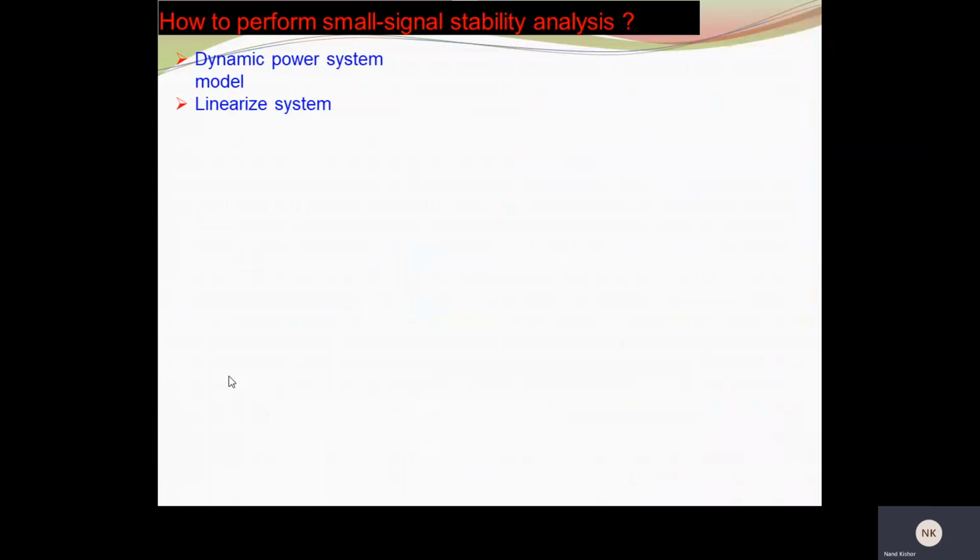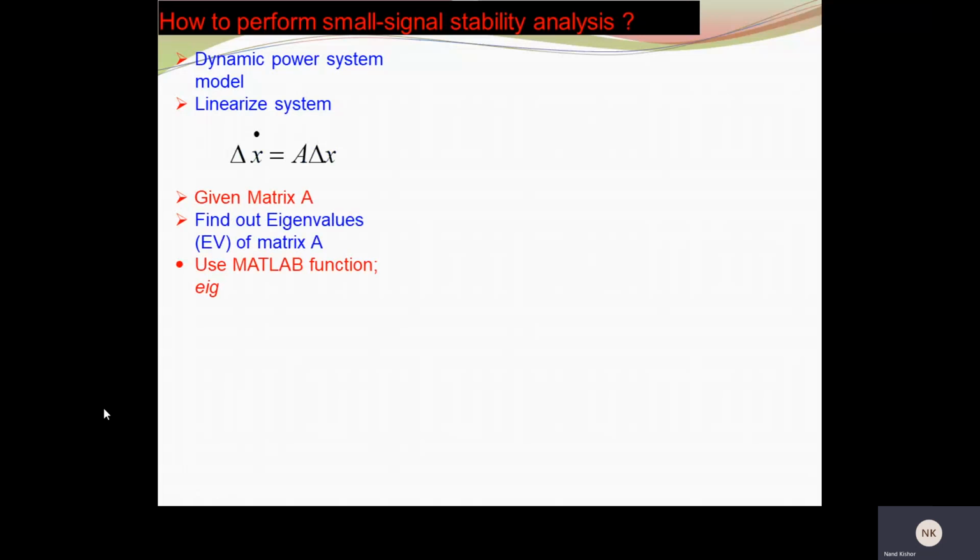So mainly we have the dynamic power system model, because if you consider these several components which are integrated to each other in the power network, more or less they are nonlinearly represented, and their responses are much more dynamically behaved. But to perform the small signal stability analysis, we linearize them around the initial operating point.